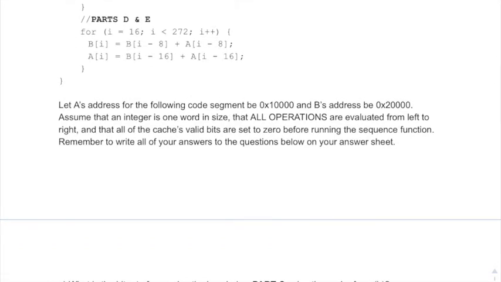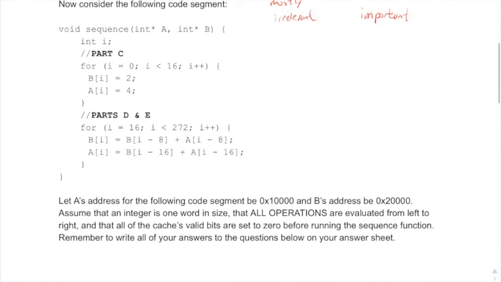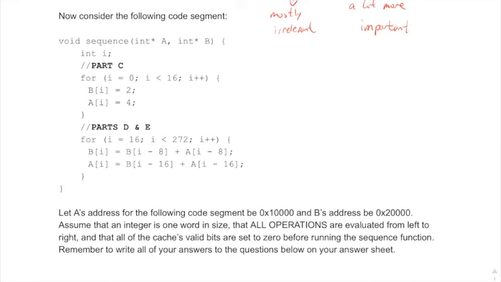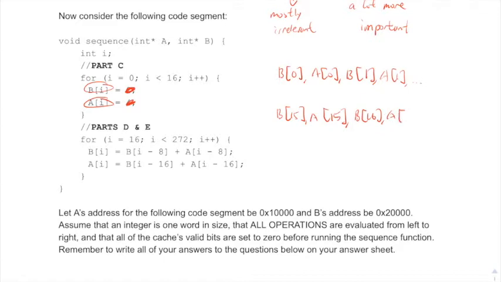What is the hit rate for running the loop below part C using the cache from B? Okay, so now let's look at this code segment here. First of all, you can kind of ignore these numbers. I just focus on the accesses. So if we were to draw them out sequentially, we get B0, A0, B1, A1, all the way up to B15, A15, B16, and A16.